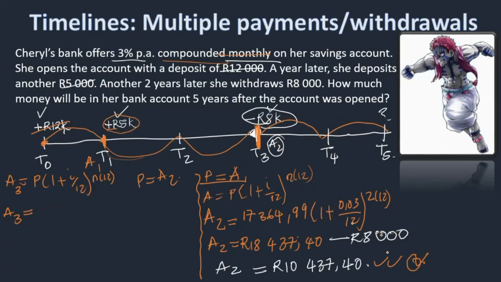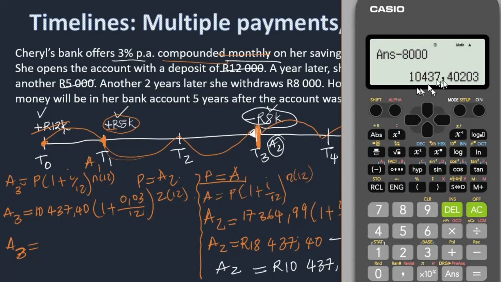So A3 is equal to A2, which is 10,437.40, times (1 + 0.03 compounded monthly), running for the next 2 years, which means my A3 is going to be equal to, you pull out your calculator again, this amount, that's my answer.